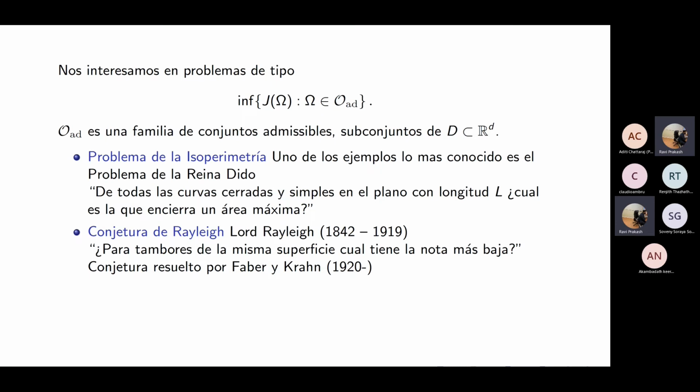And then she was clever, and she cut the leather into very thin strips. She was near a river, and so she covered the land this way, and even though the area of the piece of leather was small in the beginning, by cutting it into thin strips, you can have an arbitrarily long perimeter, and so she was able to get a big area covered by the perimeter.